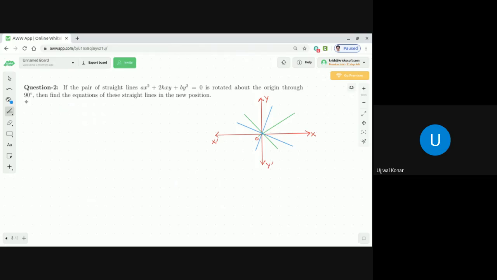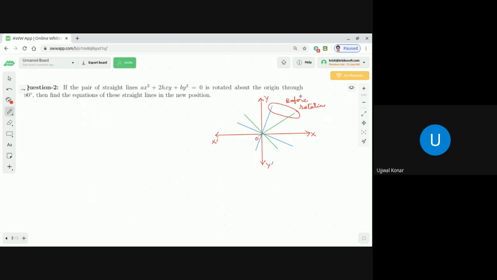So now if we see, before rotation, this is the joint pair, right? And what is their joint equation?